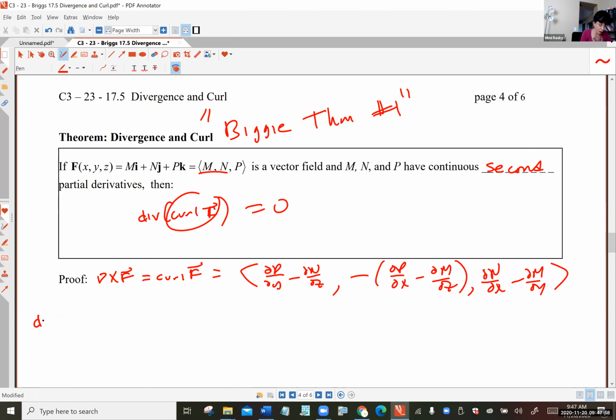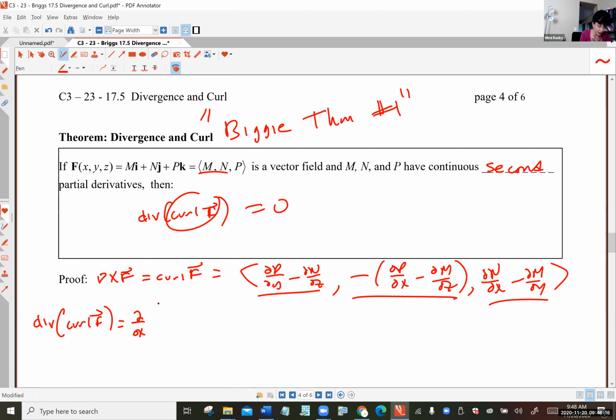Then somebody says, I want you to take the divergence of that thing. Now remember, divergence: you take the partial of the first component with respect to x, plus the partial of the second component with respect to y, plus the partial of the last component with respect to z. So I'm going to write all of that out.